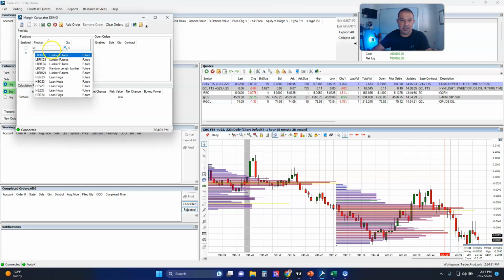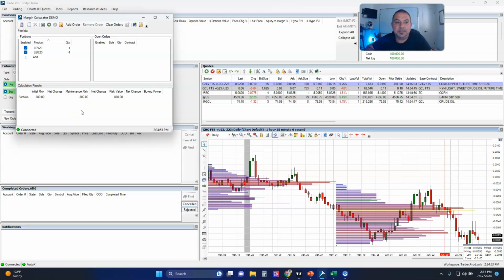We'll add LEQ. Okay, if you were gonna just sell that one, it'd cost you a couple of grand in margin, but if you added the back month and bought it to reduce some of that friction, I call it like a sailboat, you know, you've cut your margin by about 55%.